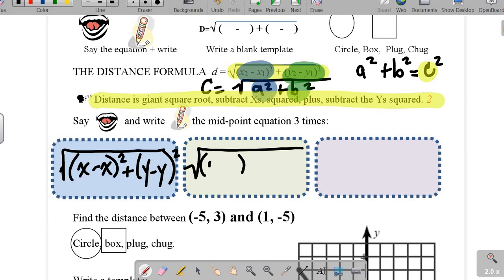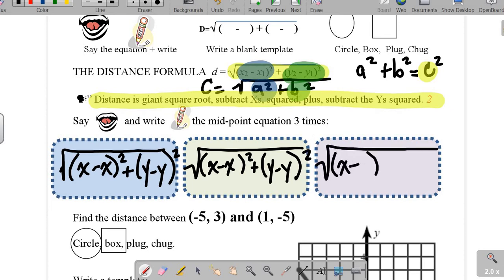Distance is giant square root, subtract the x's squared, subtract the y's squared.